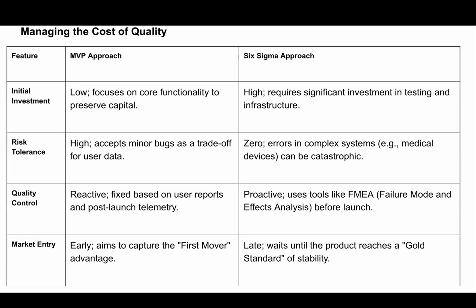Like for instance, if you review what Steve Jobs did with the design launch of the iPhone, he wanted that to be just permanent. And even today, the overall design and look of the aesthetics of the iPhone remain because that became a gold standard of stability. So Six Sigma was the approach for that.